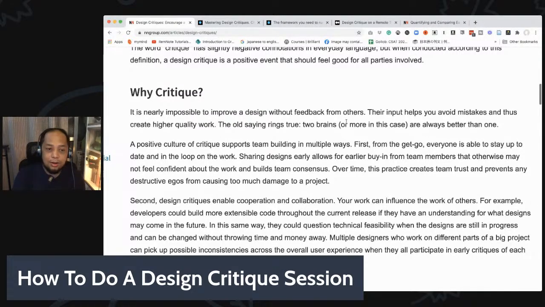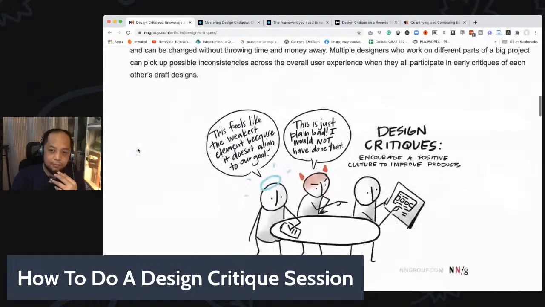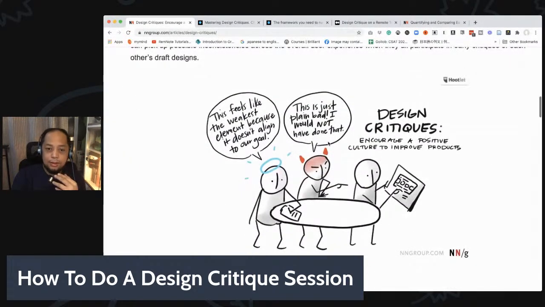So also I like having design critiques because it enables cooperation and collaboration. You basically agree on certain principles and what works or what doesn't work. So this is very important. In this case, it's to encourage a positive culture to improve products.